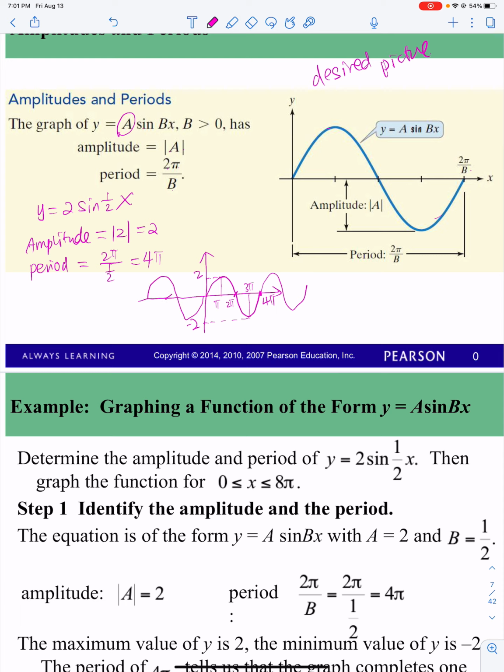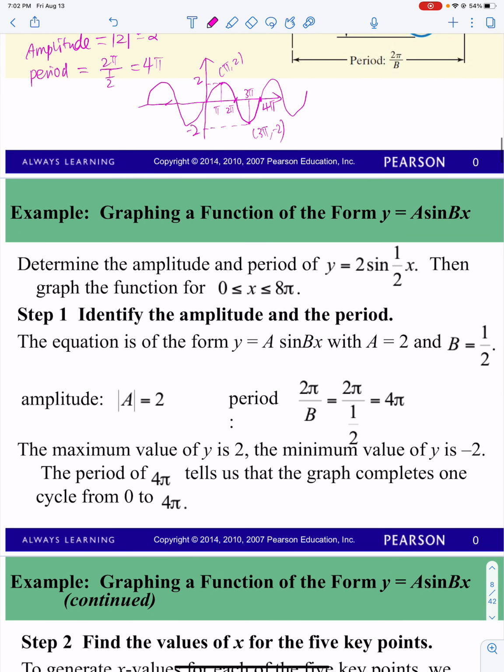Okay. So I do not need to substitute all these values to find x and y. I directly can know. So what is the maximum here? It's pi, 2. What is the minimum here? It's 3 pi, negative 2. Okay, so I do not need to plug in to find all the maximum and minimum values. I can directly tell from the picture.